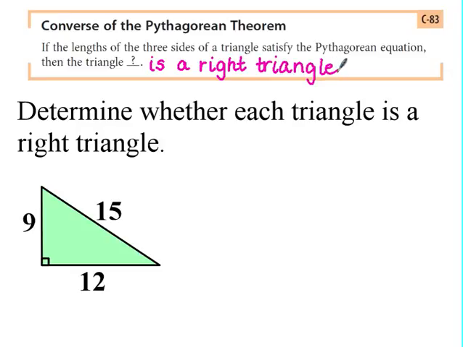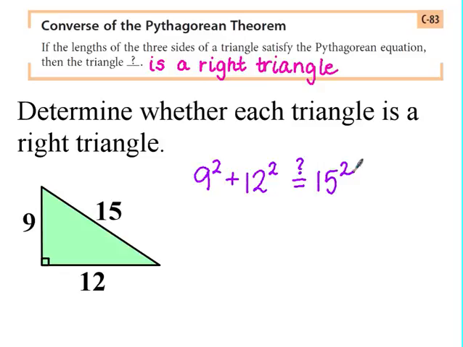So what we're going to do now is use that fact. We're going to be given triangles, and we're going to have to determine if they are right or not. If you notice that example, it says determine whether each triangle is a right triangle. So all I'm going to do here is check. Does 9 squared plus 12 squared equal 15 squared? If it does, it's a right triangle. If it doesn't, it's not.